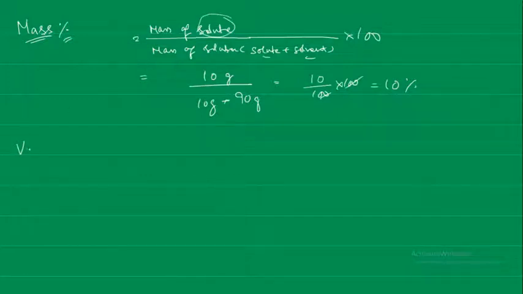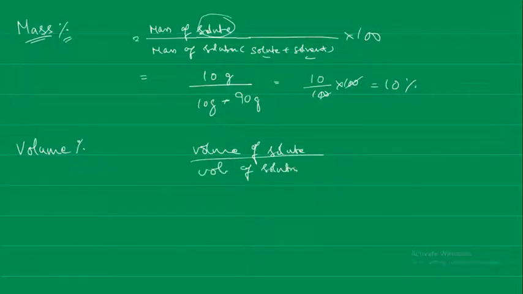We can also express the concentration in volume percent. For example, what is the volume of solute by volume of solution, which is nothing but again volume of solute plus volume of solvent into 100.